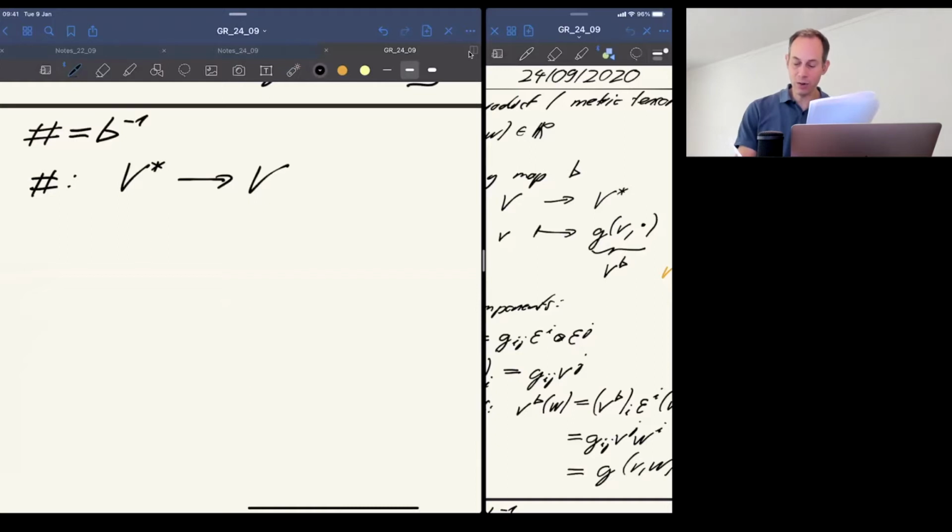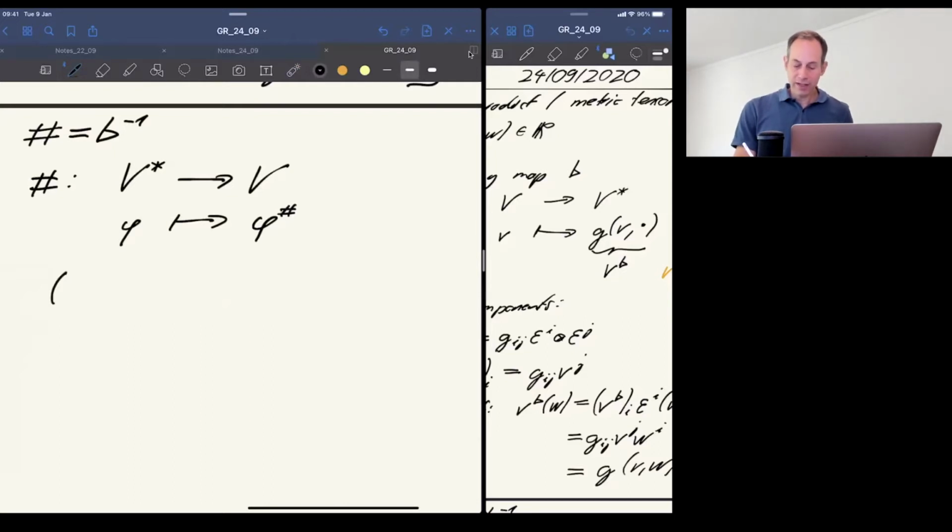So if I take an object phi here from V star, this object phi will be mapped to something that I will call phi sharp. And phi sharp is now an object from V, so its components have indices upstairs. That's exactly what justifies this terminology, raising map, that I will use in the following. Now let's see what the components are of this map, or how I can describe this map.